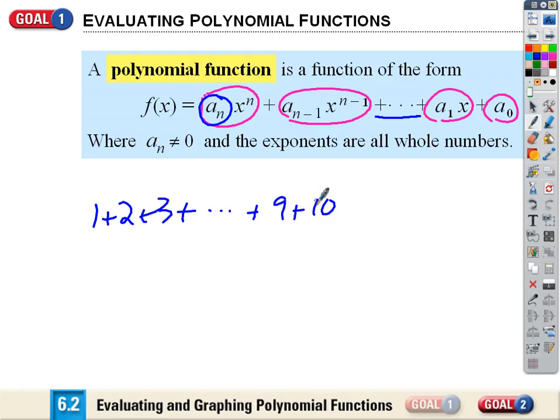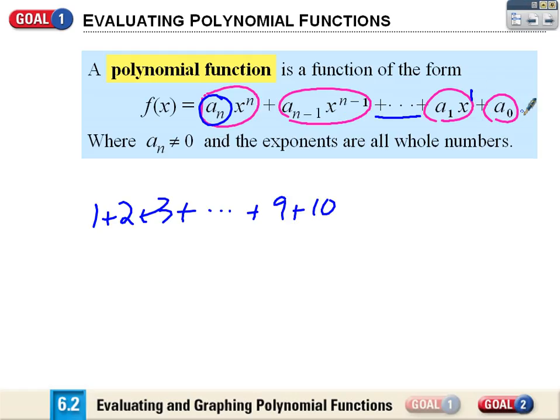So following this pattern, eventually we're going to get down to powers of x that are small. And then eventually we'll get down to x to the 1, and then at the very end we'll get down to x to the 0. Anything to the 0 is what? 1. So we don't even write that 1. You don't write it because it's always 1.